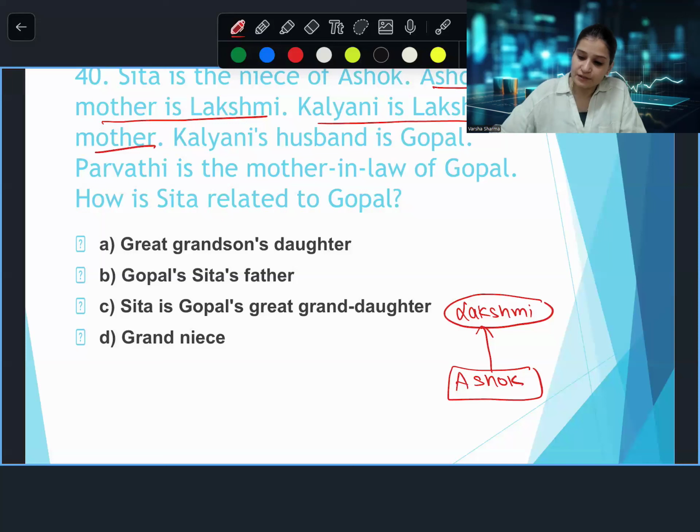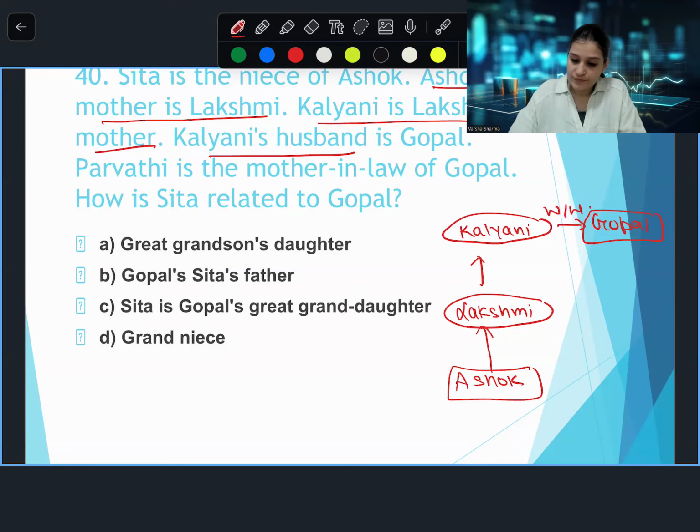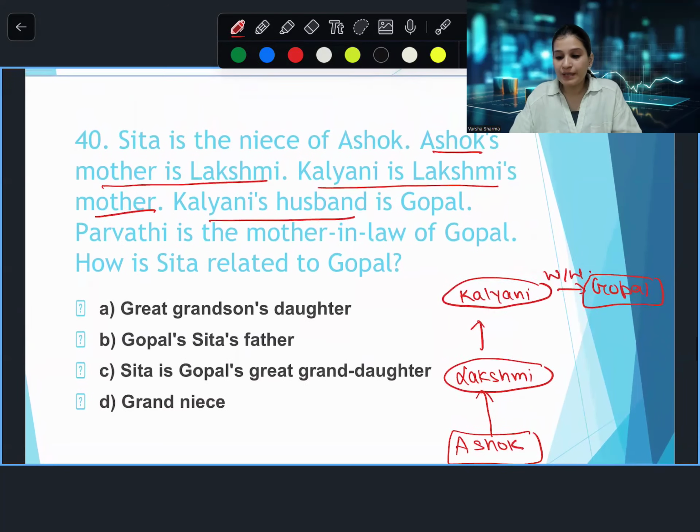Kalyani is Lakshmi's mother. Kalyani's husband is Gopal. Parvati is the mother-in-law of Gopal. What do you mean by that? Mother of Kalyani is Parvati. Very good.